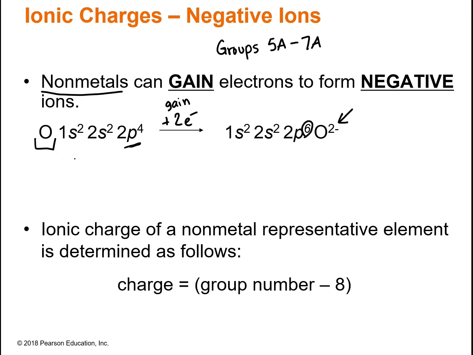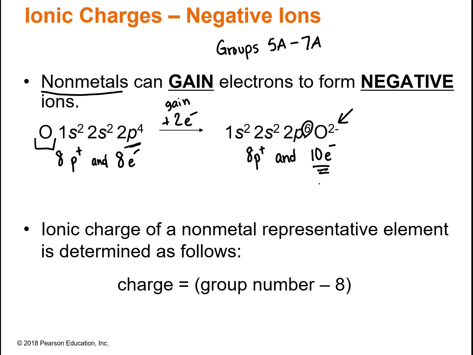If you look at the periodic table, you can see that the atomic number for oxygen is 8. So that means that the neutral atom has 8 protons and 8 electrons. When we add those 2 electrons, we still have the same number of protons, but now we have 10 electrons.